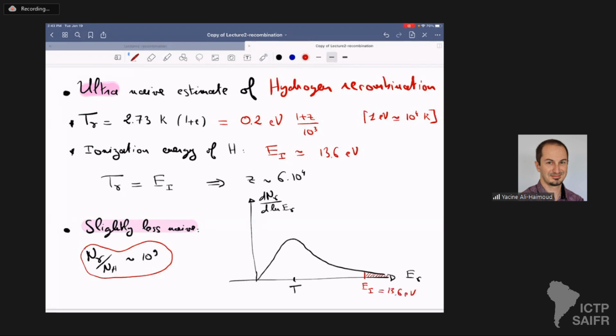So a less naive estimate would be to say that hydrogen becomes neutral when the number of photons whose energy is greater than the ionization energy of hydrogen is comparable to the number of hydrogen atoms. If you do this estimate, which again you're asked to do in the homework, you will find a recombination redshift closer to the correct answer, around 2000. And that's still much higher than the correct answer.